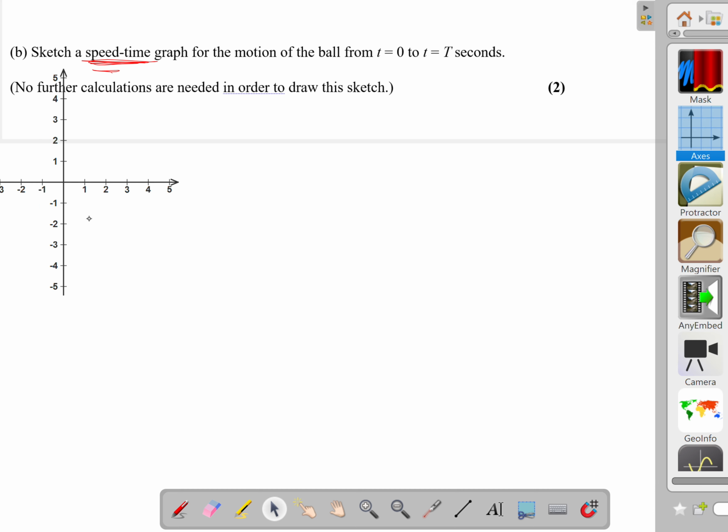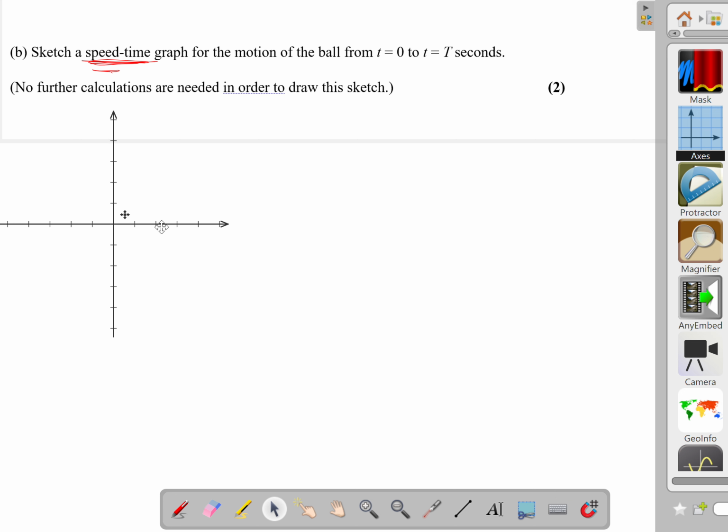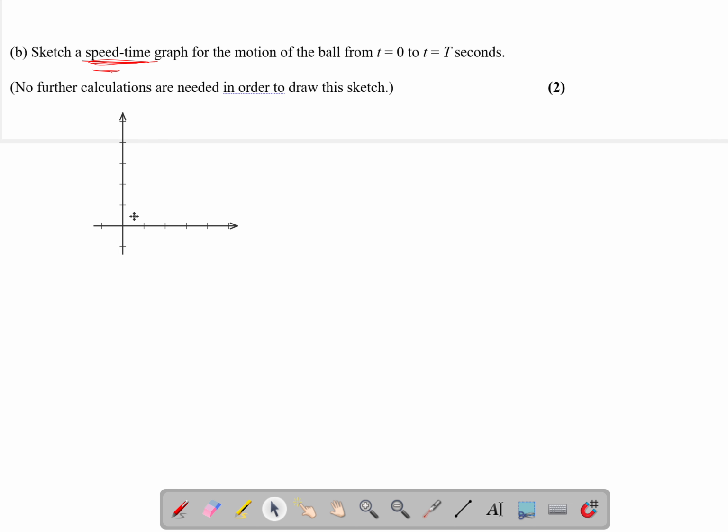Okay, let me bring axes to make it easy to draw. Now, we have initial velocity of 19.6. For example, here is 5, 10, 15, 20. Okay, 19.6, let's say it is here.